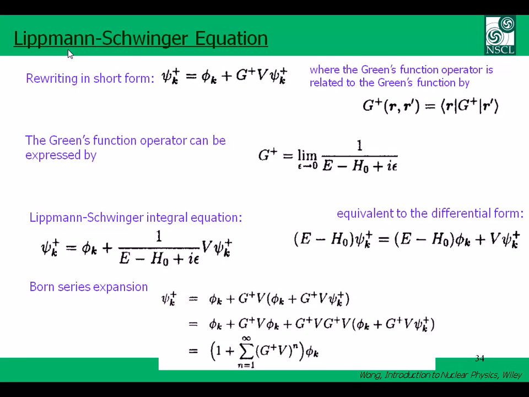And then you get a series. You get the first term, that's the homogeneous solution, and then a propagator times the potential times the homogeneous solution, plus propagator, potential, homogeneous solution, etc., etc. So you have a series that is referred to as the Born series, and that provides a picture for what is happening.